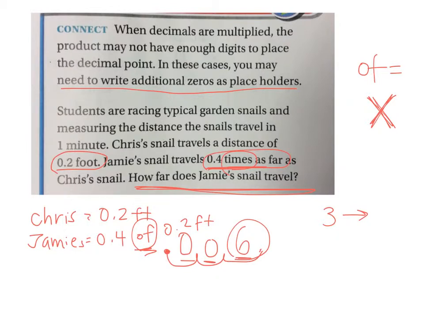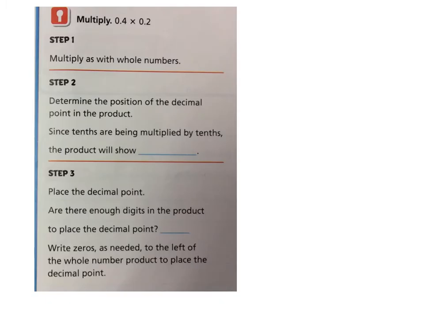Shreya? 0.2 times 0.4. Okay, so let's get ready to do this multiplication. I'm going to multiply 4/10 times 2/10. Let's write it vertically so it's easier for us. Go ahead and write it in your math notebook too. 0.4 times 0.2.